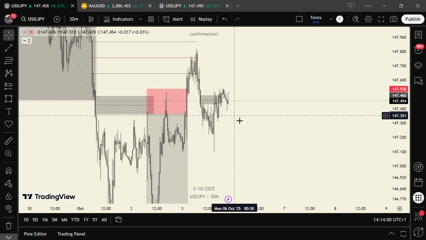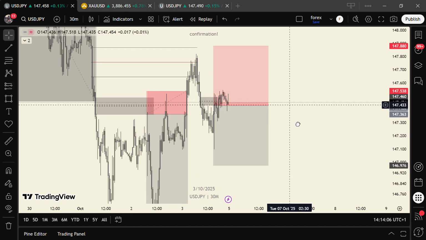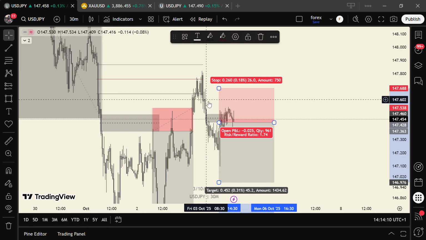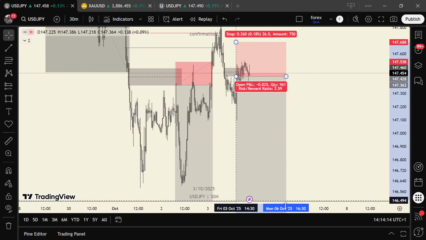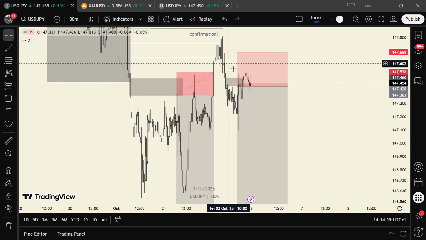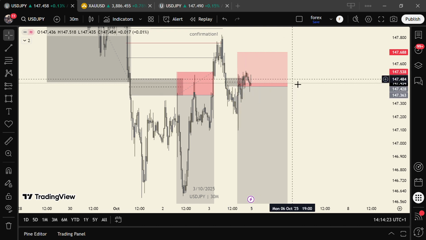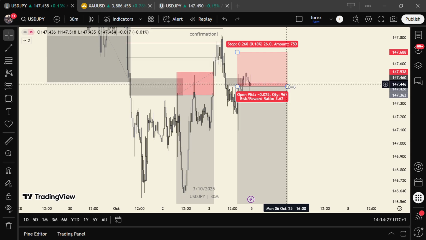So looking at this current structure, what I would do, of course, I would place my selling tool right there, but my stop loss would be above this right here to be on the safe side, because definitely the way it's looking, market could very likely decide to tap on this before moving, because it looks like it's building liquidity, or maybe it was just slow because this was towards market close last week.